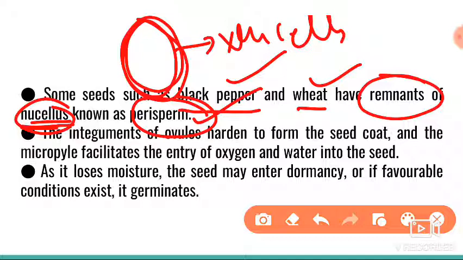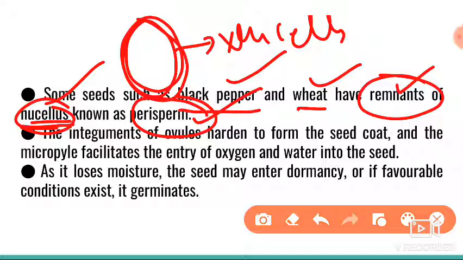Remnants of nucellus we call perisperm, or such seeds we call perispermic seeds. Please remember that, for your competitive exam also they will ask the question. The remnant of the nucellus is known as perisperm.